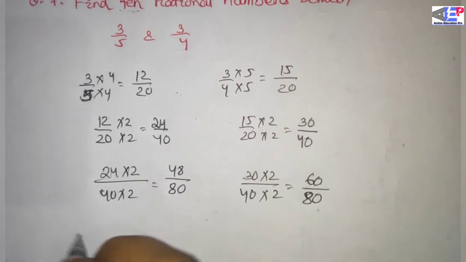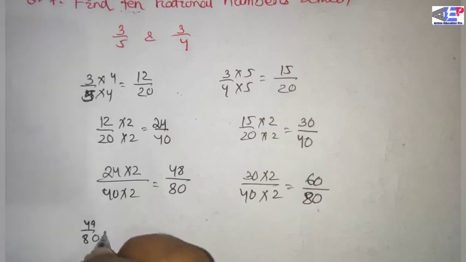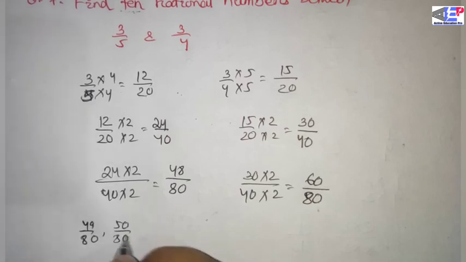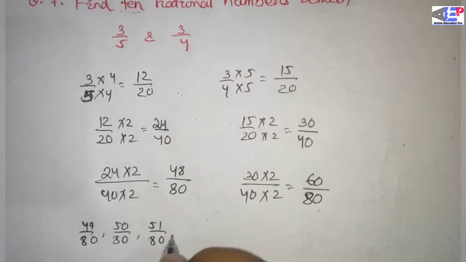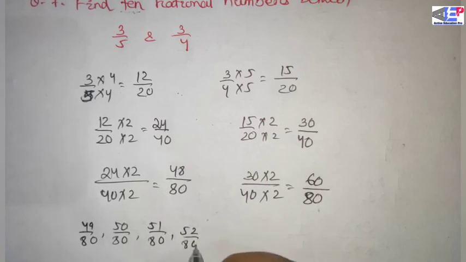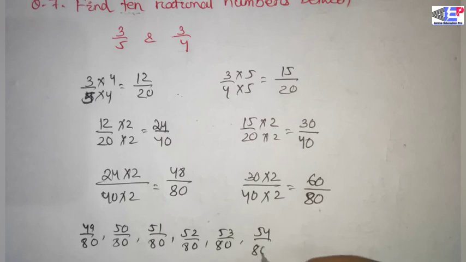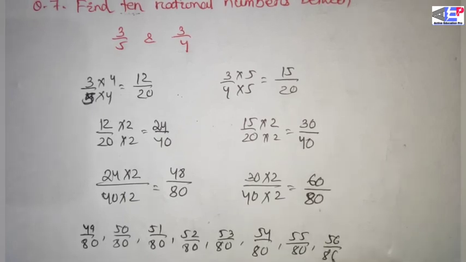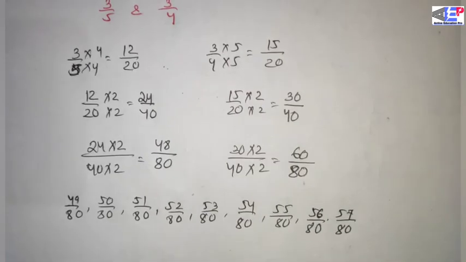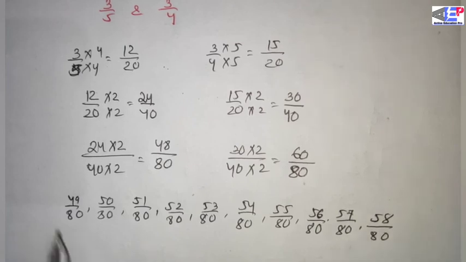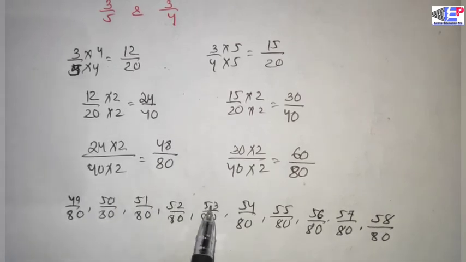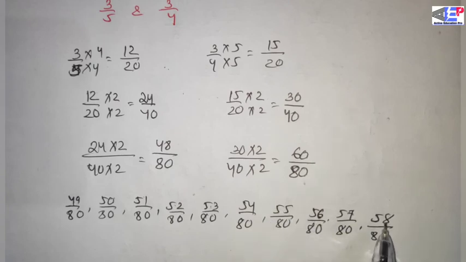Now here you can write 49 by 80, 50 by 80, 51 by 80, 52 by 80, 53 by 80, 54 by 80, 55 by 80, 56 by 80, 57 by 80 and 58 by 80.